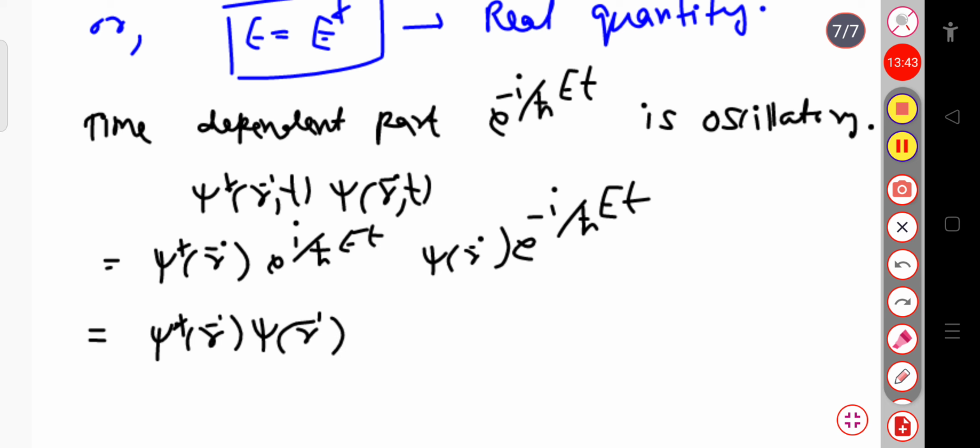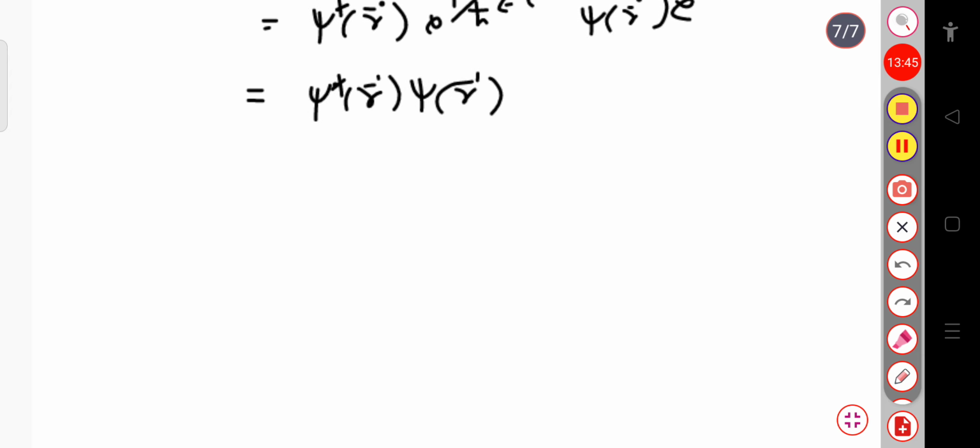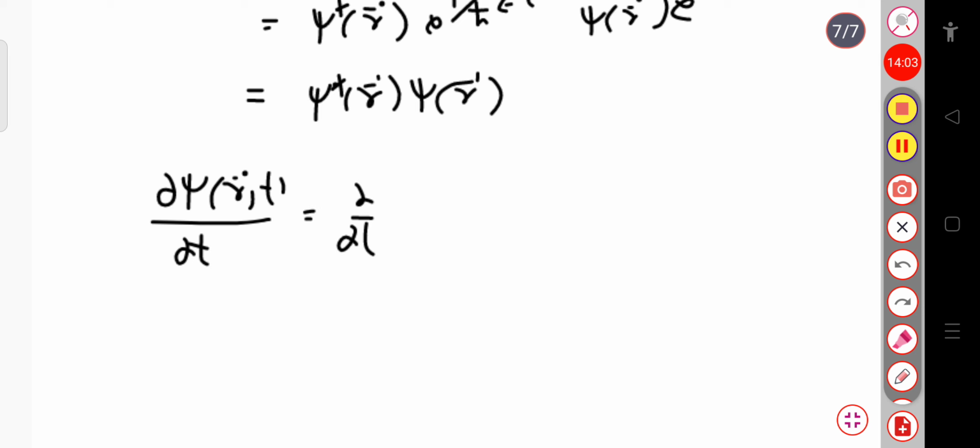So simply we can now write ψ*(r) ψ(r) equal to ψ*(r,t) ψ(r,t). Now ∂ψ(r,t)/∂t can also be written as ∂/∂t of ψ(r) into exponential of −iE t/ħ.